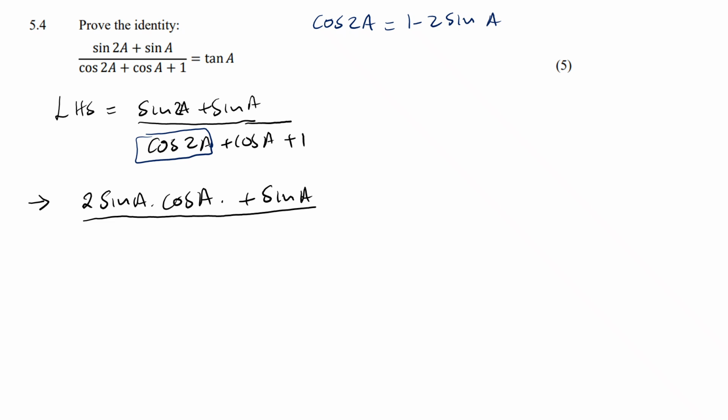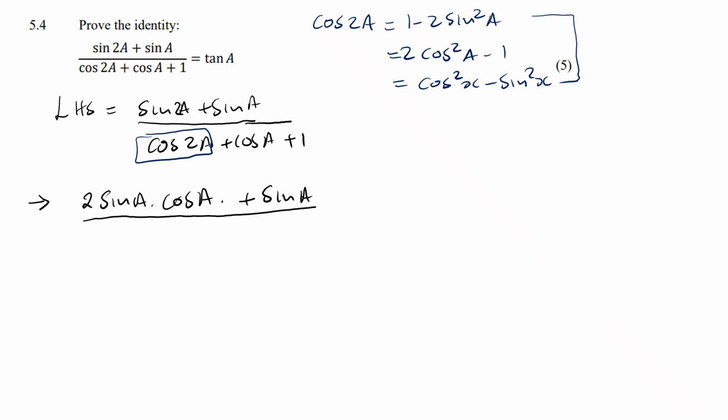The second one is 2 cos squared a minus 1. And the last one is cos squared x minus sin squared x. So how do we know which one of these 3 to choose?